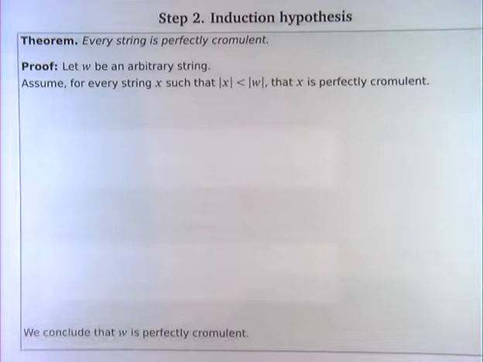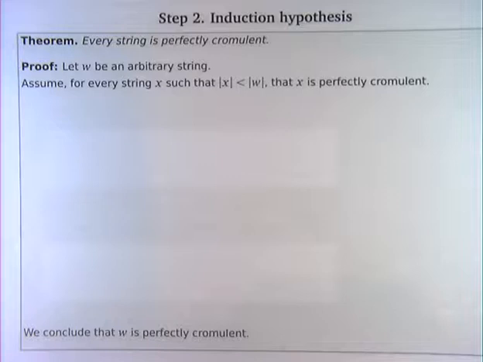So again, the form of the induction hypothesis is purely mechanical. I'm proving something about strings, so I know the first half of the induction hypothesis is going to be about all strings shorter than W. And the second half of the induction hypothesis is essentially going to be a statement that says the theorem applies to those shorter strings, right?